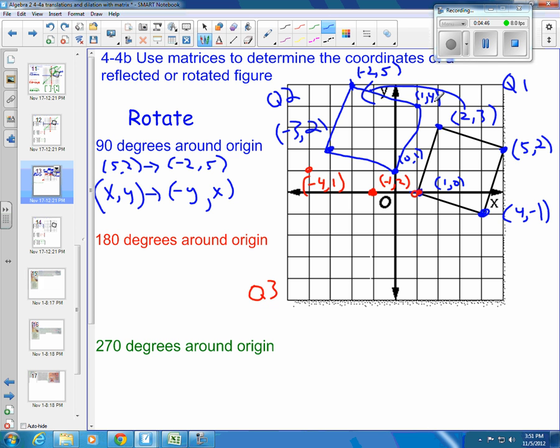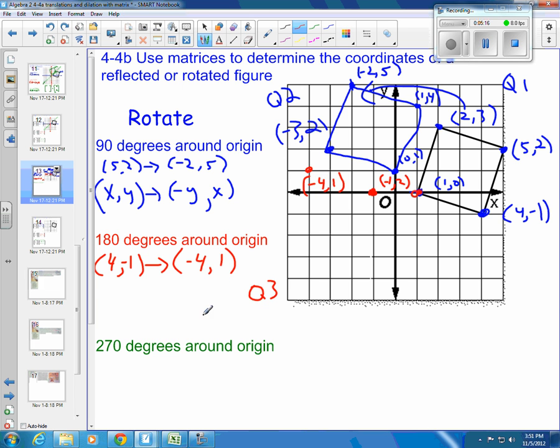So if I change my signs again, so I flip them and then change the sign on my y, right? And I'm going to look at these straight across. So if I was at my original point of 4, negative 1, my new point is negative 4, positive 1.